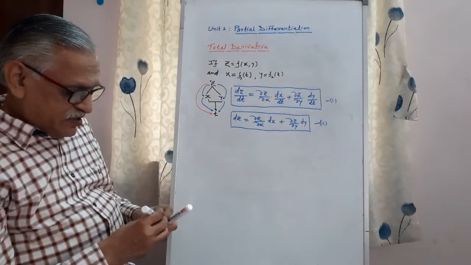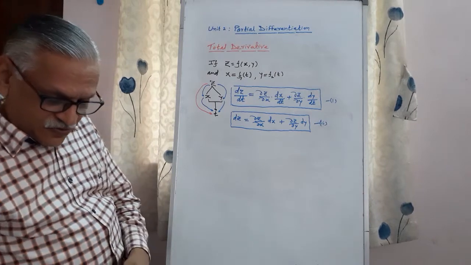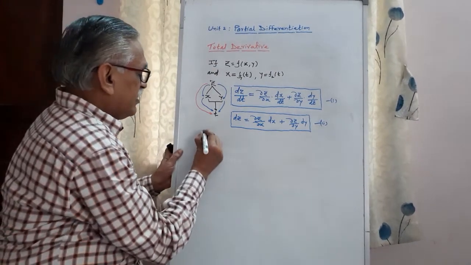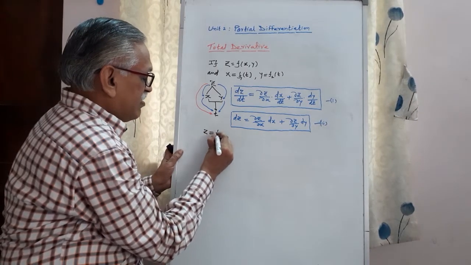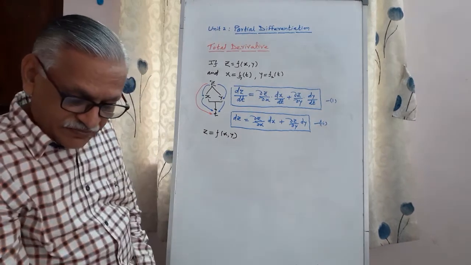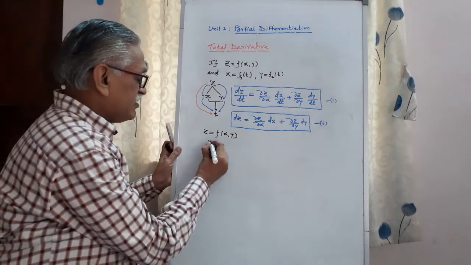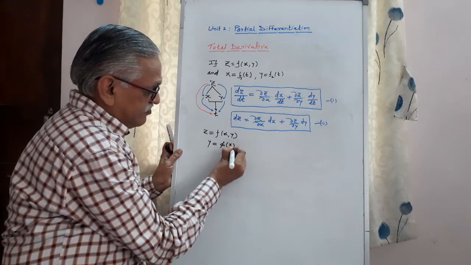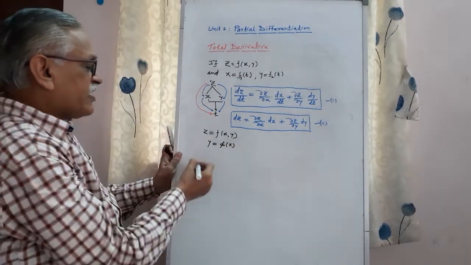Then sometimes we have cases like this: z is a function of x and y, and y is again a function of x. Therefore, what is the tree diagram for this?